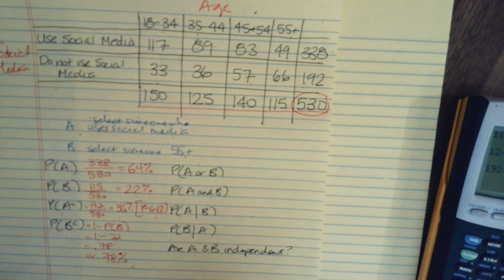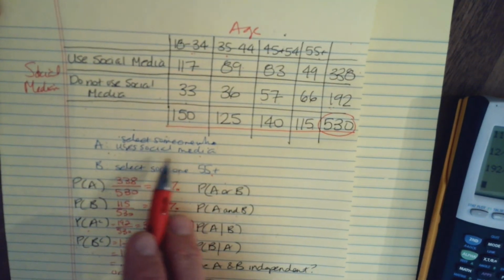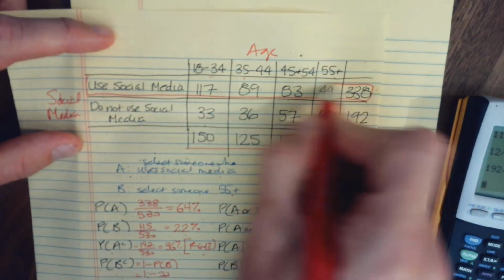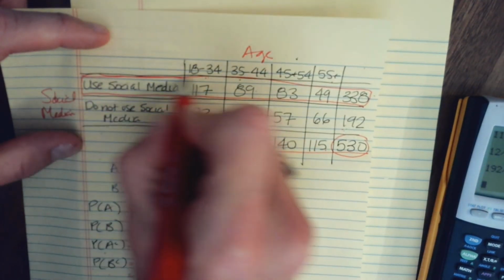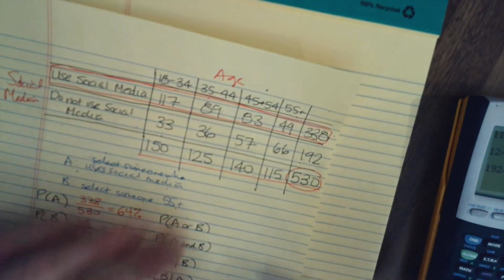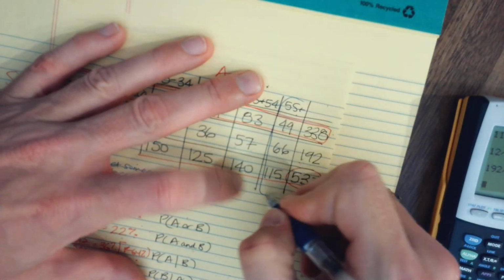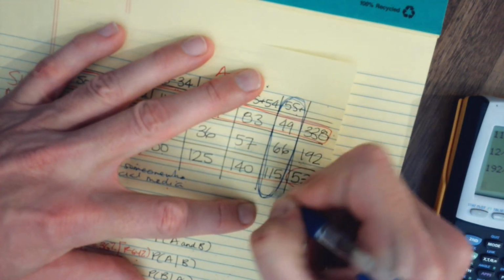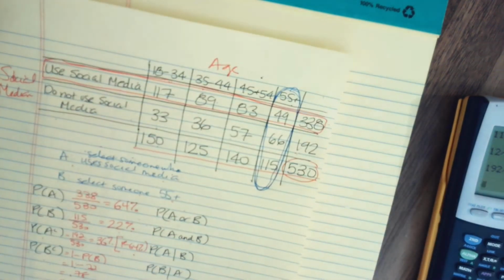Now the probability of A or B. So A is that you use social media, so that's this group. And B is someone's 55 or older. That's this group. And so what I mean is that you could be either one of those.